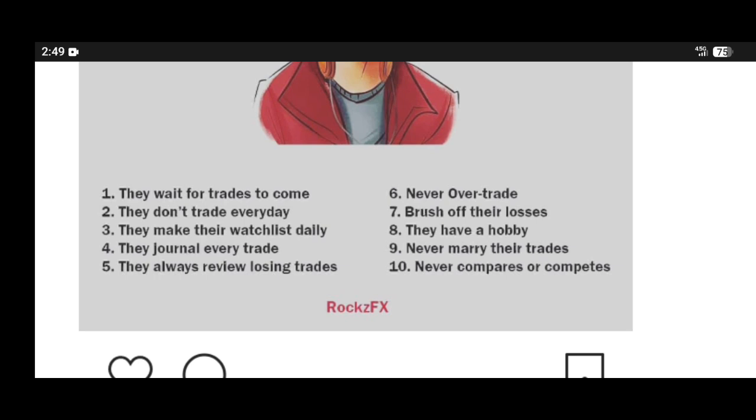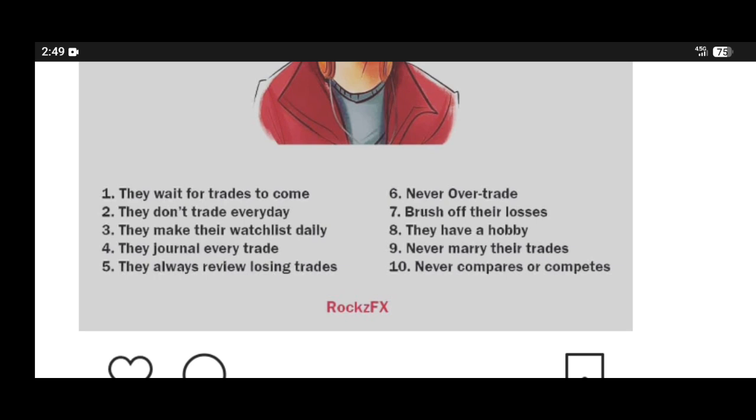Number 3 is they make their watch list daily. Number 4 is they journal every trade. Number 5, disciplined traders always review losing trades.